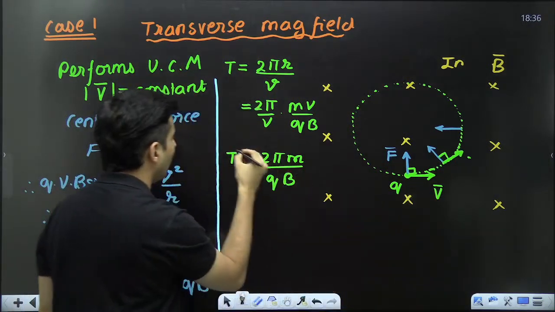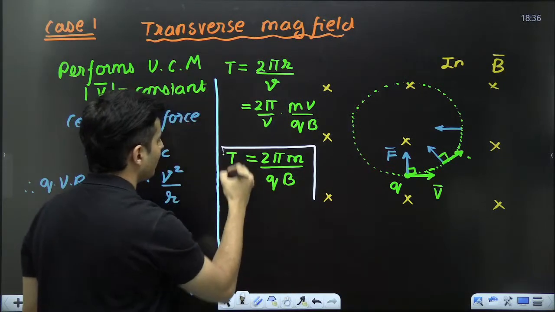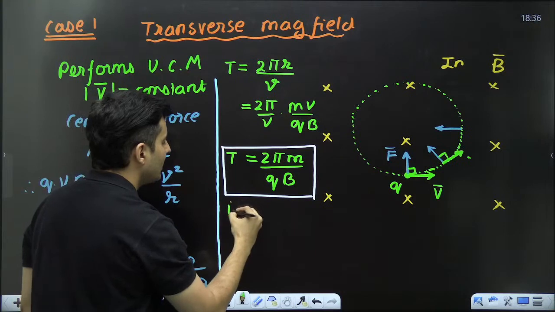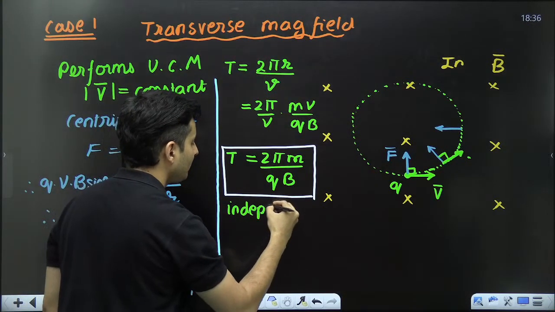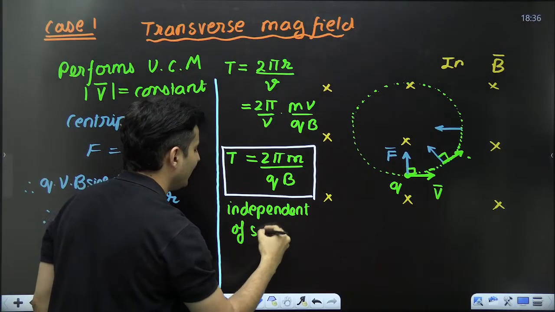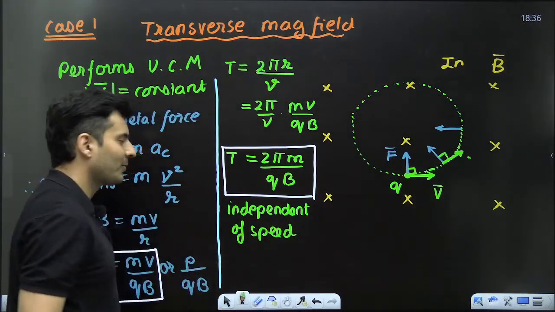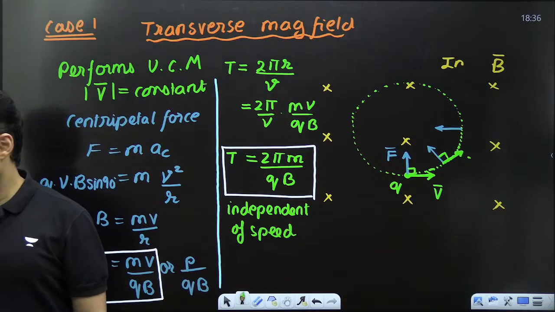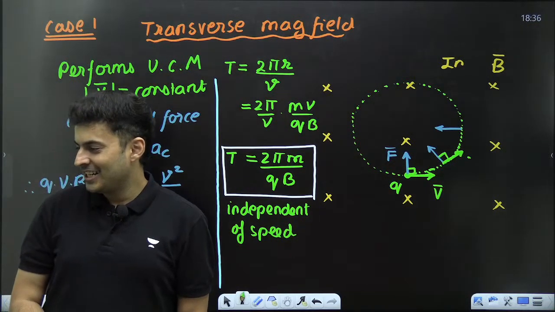Now this formula is also very important, of course. And the interesting part about this formula is it is independent of the speed. Very, very interesting. It is just independent of the speed. Think about it. Crazy, right?